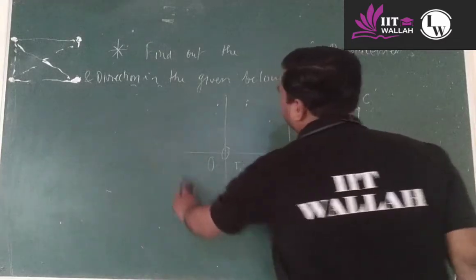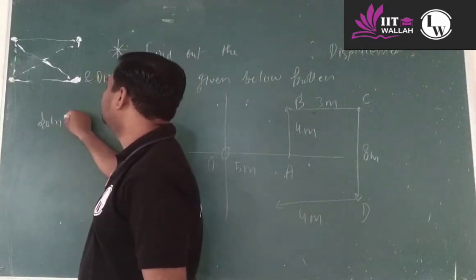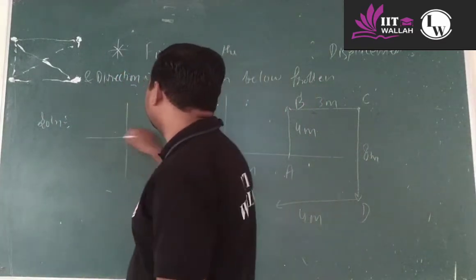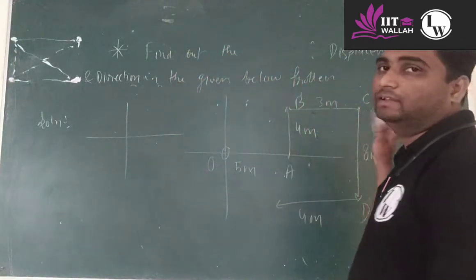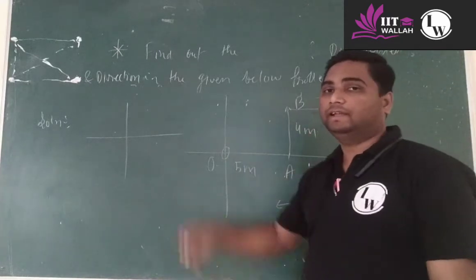Now you have to solve this question. Make the Cartesian plane, and write the motion in the horizontal direction and in the vertical direction.